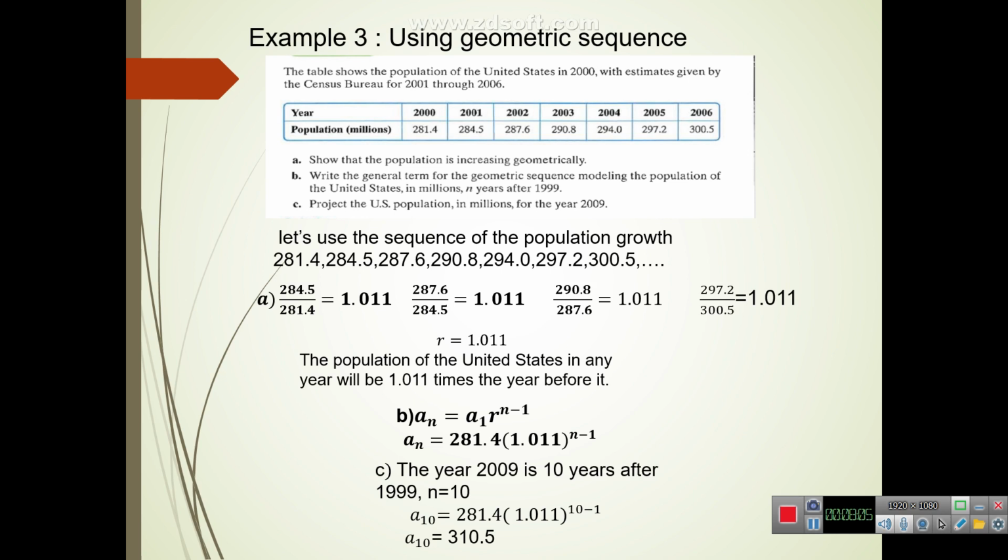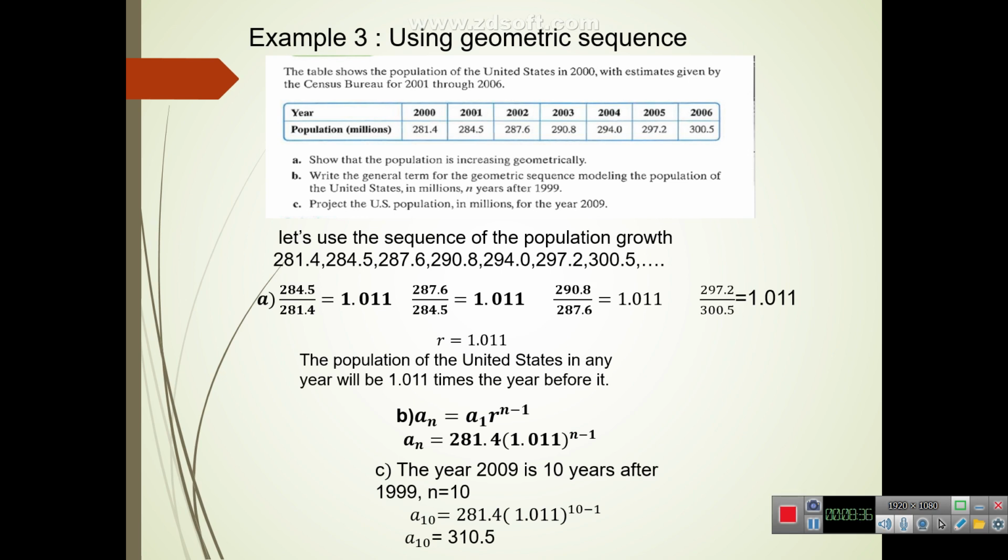Therefore, the value of n will be 10. Then plug 10 into the general formula that you found in B. So the approximate population for the year 2009 will be 310.5 millions. So this is the application of the geometric sequence in our real life situation.